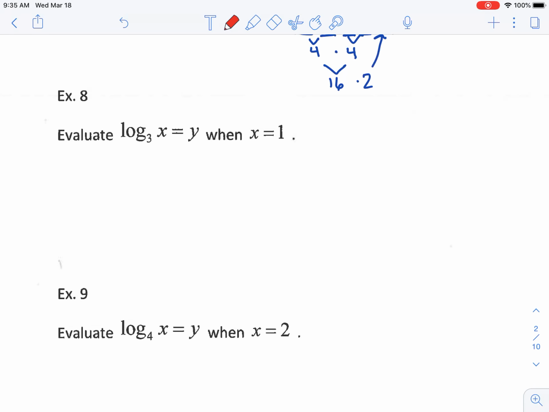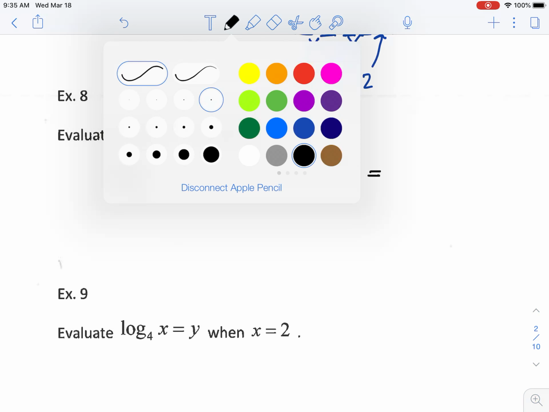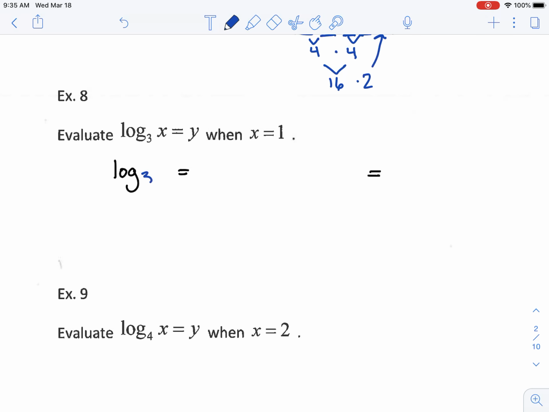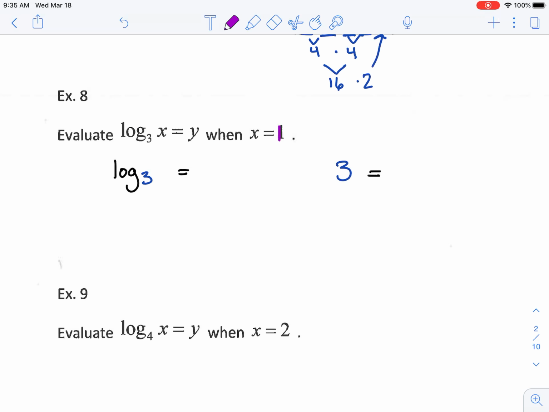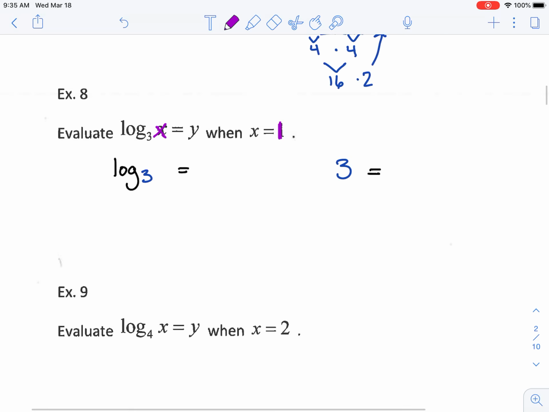So we're going to do this again. We're going to go plug and chug. So I'm going to go draw my log and an equal sign, and I'm going to go draw an equal sign over here to make it exponential. I'm going to put my blue base of a 3, and that's my base for both the log and the exponent. Then I'm going to plug this x in, and when I plug the x in, it goes here in this space, and that space moves up by getting its own root.